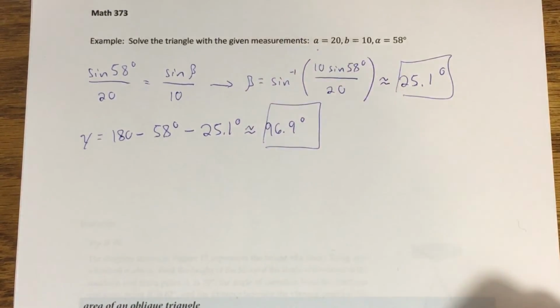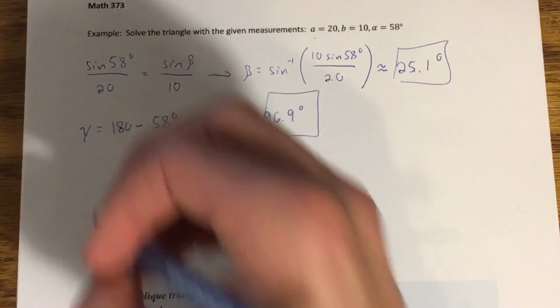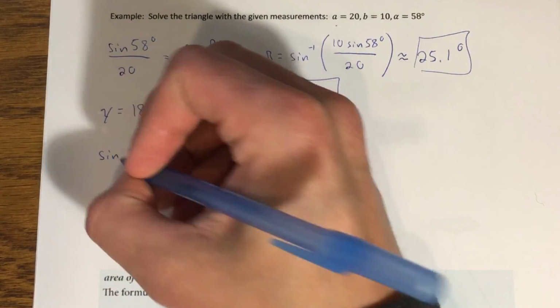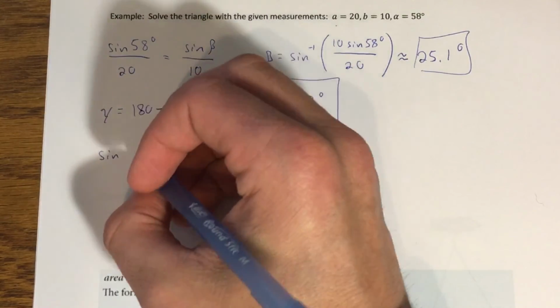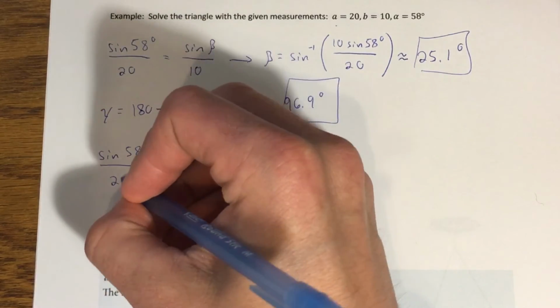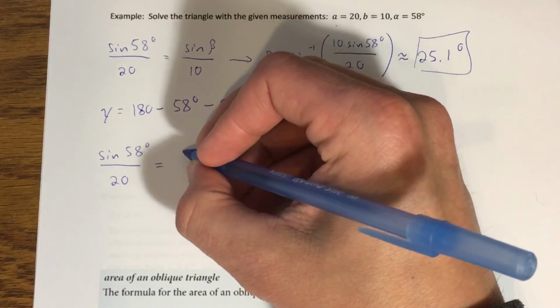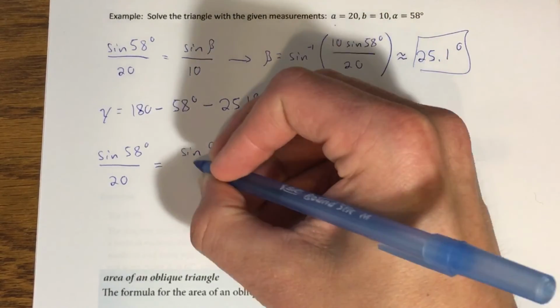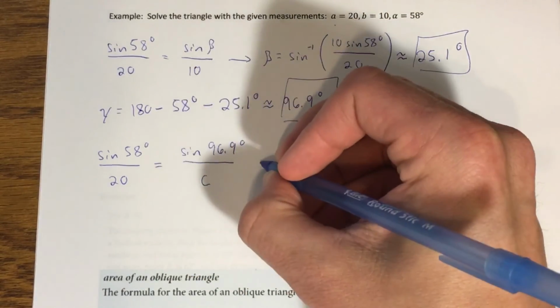Okay. Last step is to find c. So c comes from the law of sines. I'll use sine of alpha over a, so sine of 58 degrees over 20 equals sine of gamma, which we just found to be 96.9 degrees, over c.